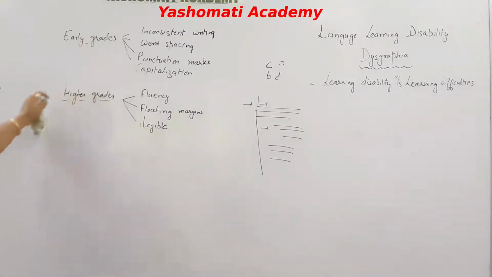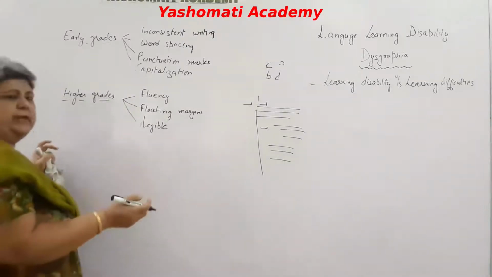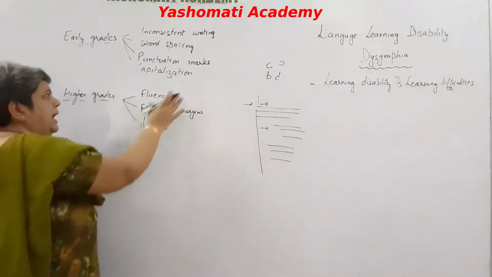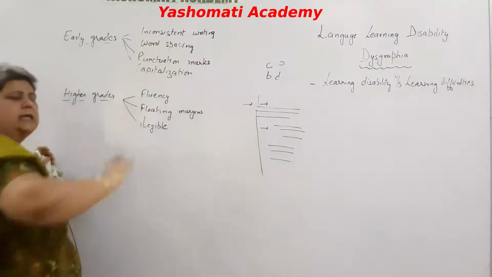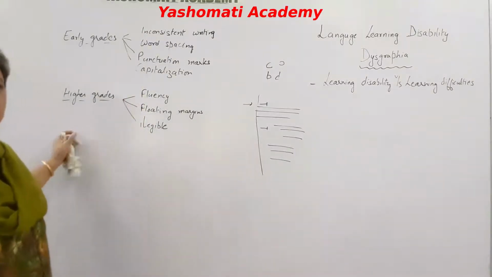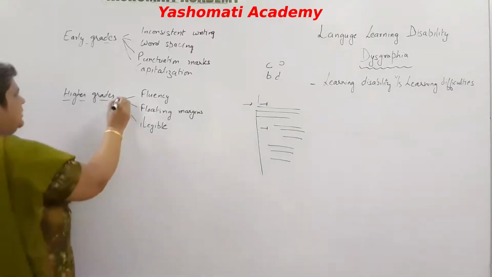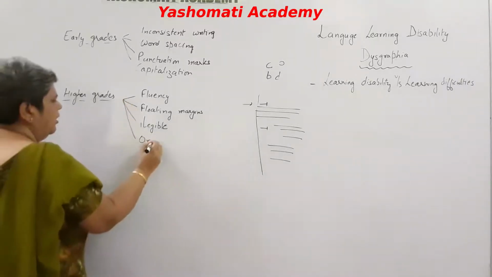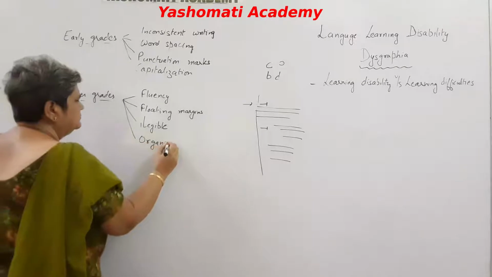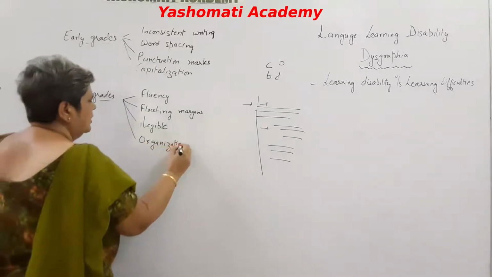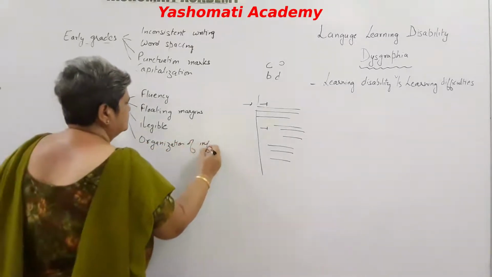all the characteristics when they try to write with faster speed, and if they are not able to tackle all these characteristics, then ultimately the handwriting becomes illegible, and there may be a fault in the organization of information.